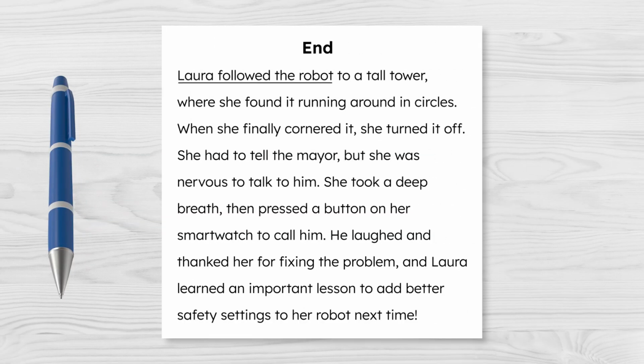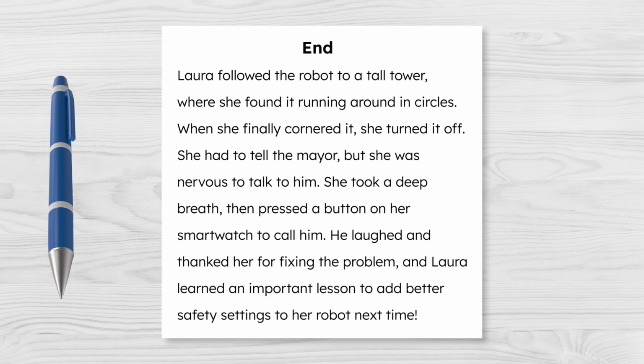Laura followed the robot to a tall tower where she found it running around in circles. When she finally cornered it, she turned it off. This is a great spot to add more details about Laura because she's taking action to solve the conflict. When a character finally faces the problem, it's an important moment because how they handle it shows us a lot about what they're like.